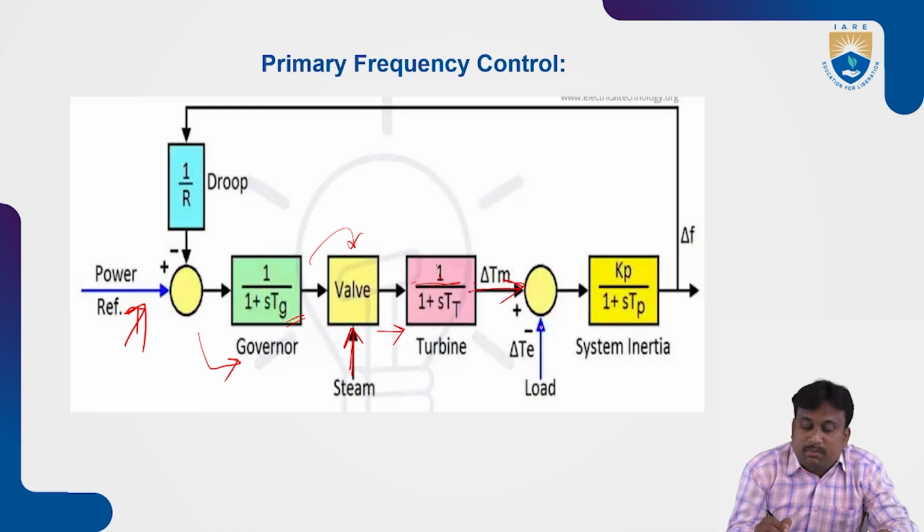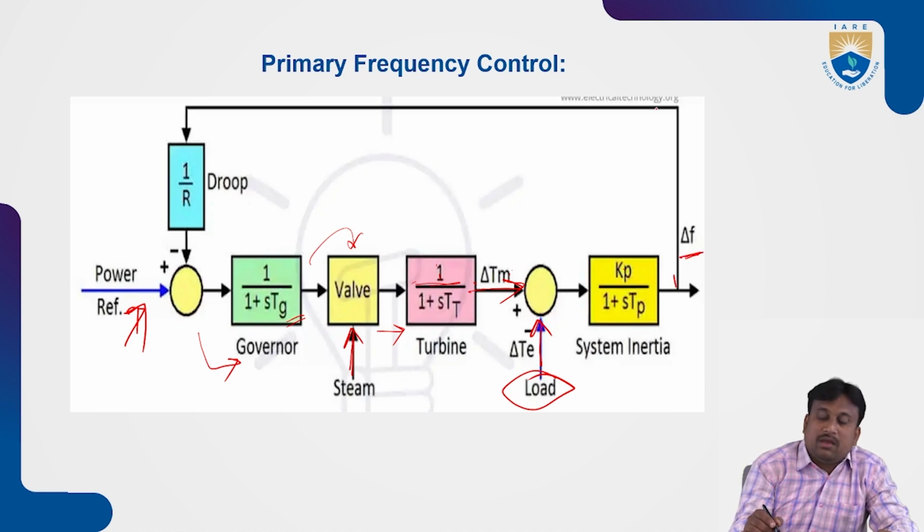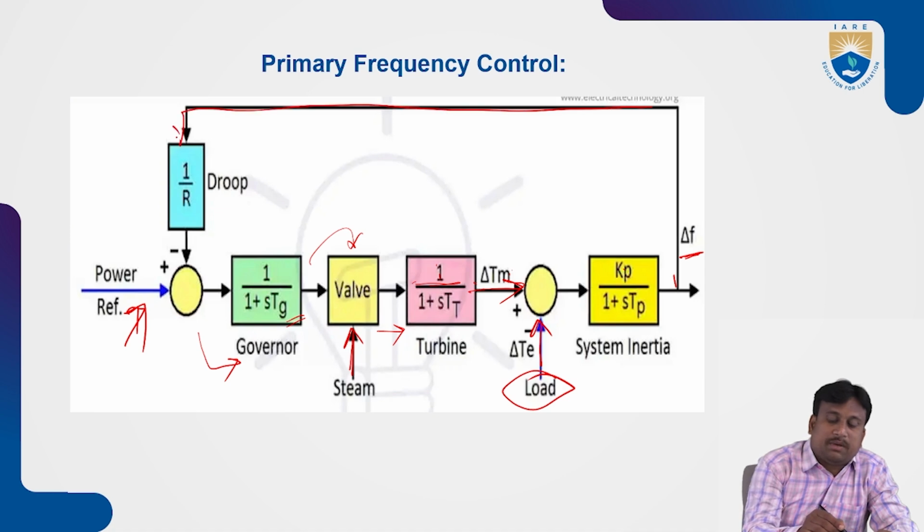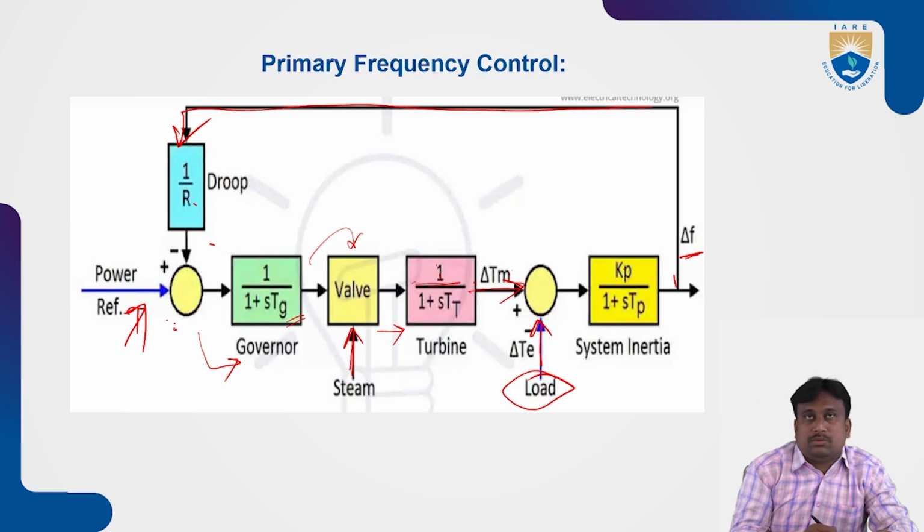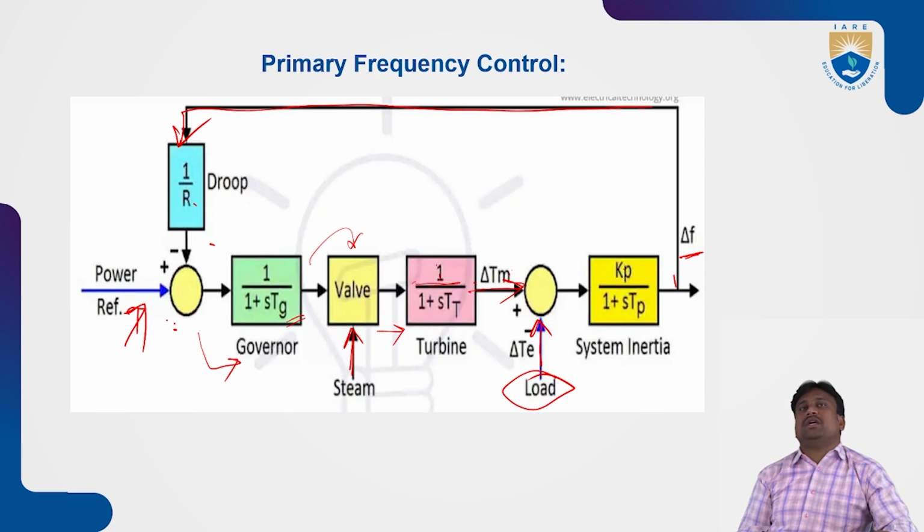Here the tie-line power along with the load is connected in this block. The system inertia is represented by Kp by 1 plus STP. This block connects with delta F, the change in frequency. The droop is represented with 1 by R, which connects back as feedback to the power source. So likewise, primary frequency control operation takes place for this system.